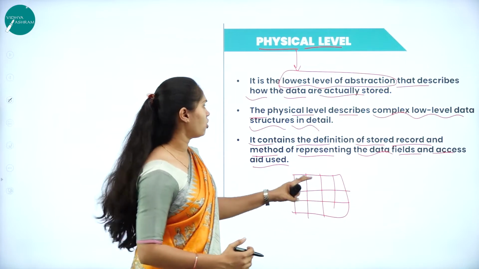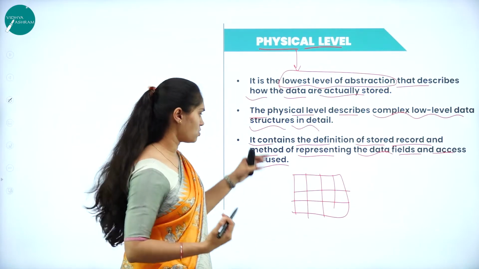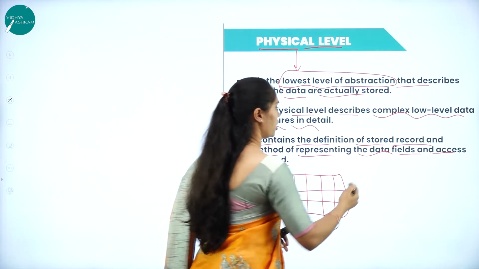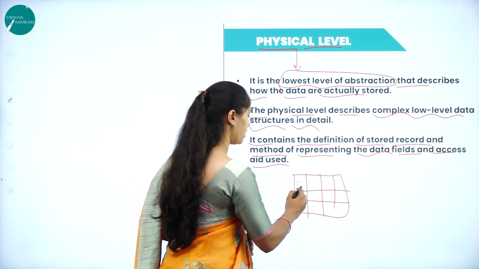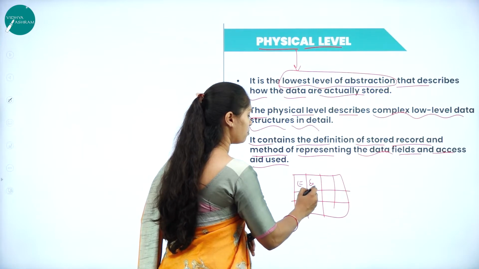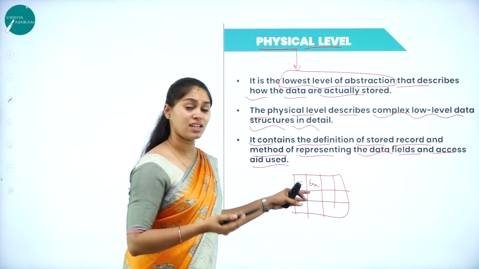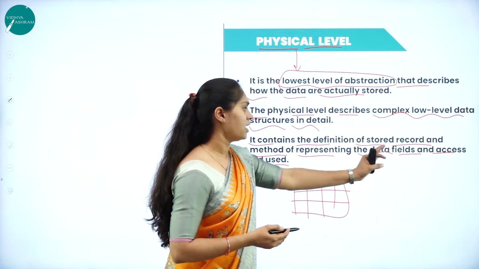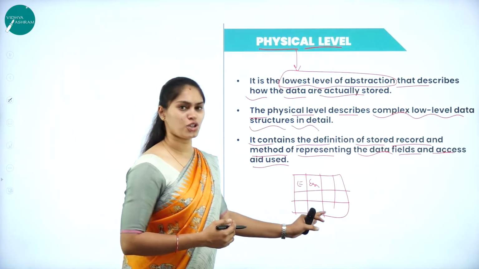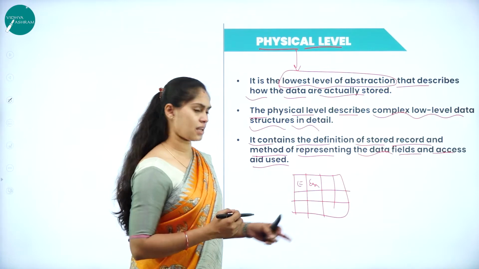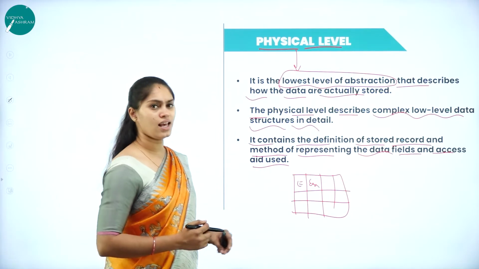Everything I can get to know in the physical level. That is what we are saying here. It stores the record and the method of representing the data fields. For example, here I have an employee ID, employee name. So it is representing a field. Along with that, it is able to access the fields which have been used. So the content of those fields can be accessed in the physical level.